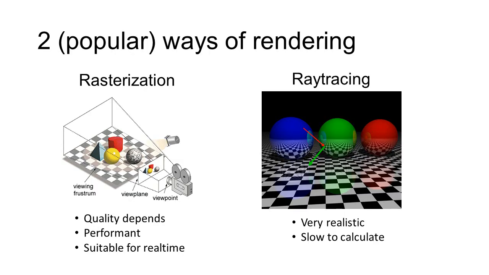So let's start with the actual topic, introducing graphics. Before getting to the list, let's see the two most popular ways of rendering. The first is rasterization, where triangle data is just transformed with matrix trigonometric transformations to be drawn on the camera view plane, which is pretty performant compared to the second one, which is ray tracing, where rays coming from the camera are simulated to go everywhere in the scene.